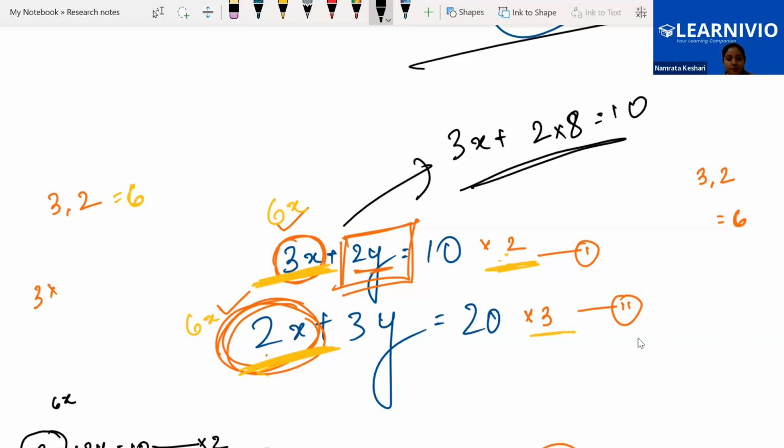Can you repeat what you just said? I said find the x value from here. We have substituted the y value. Please find the x value.